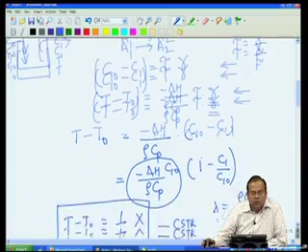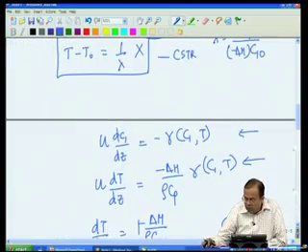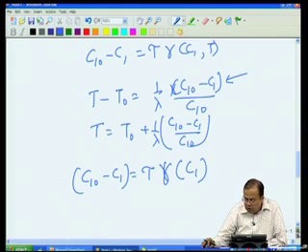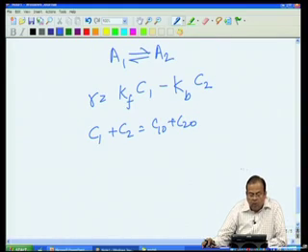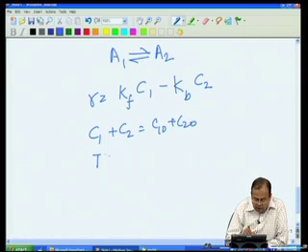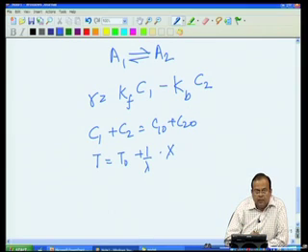So, this coupling must also be valid when we have a reversible reaction, or in other words, we have these two kinds of relationship, that is T is equal to T0 plus 1 over lambda into x.